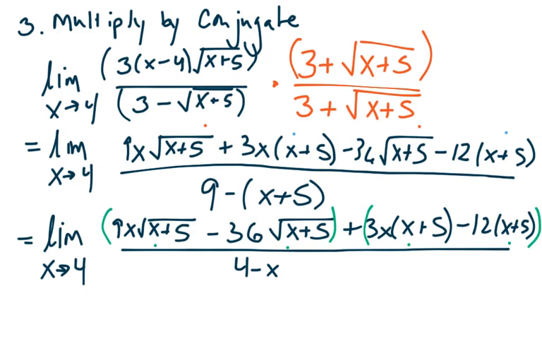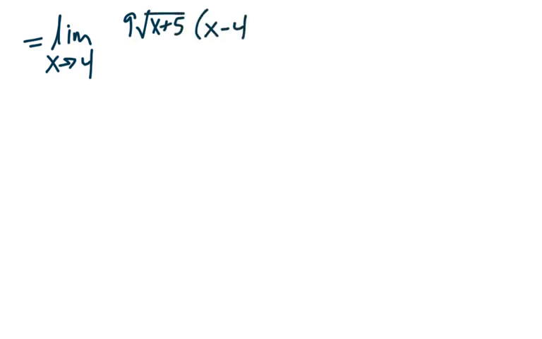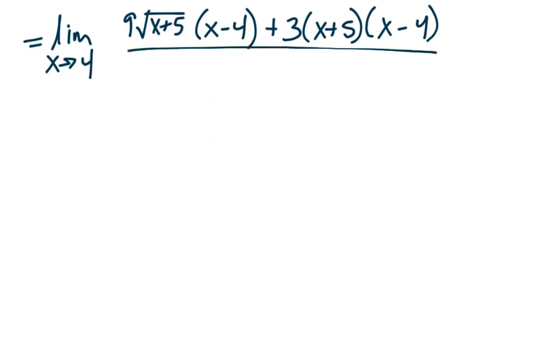If we go ahead and do that, we are going to get the limit as x goes to 4 of 9 times the square root of x plus 5 times x minus 4, plus 3 times x plus 5 times x minus 4, all over 4 minus x.